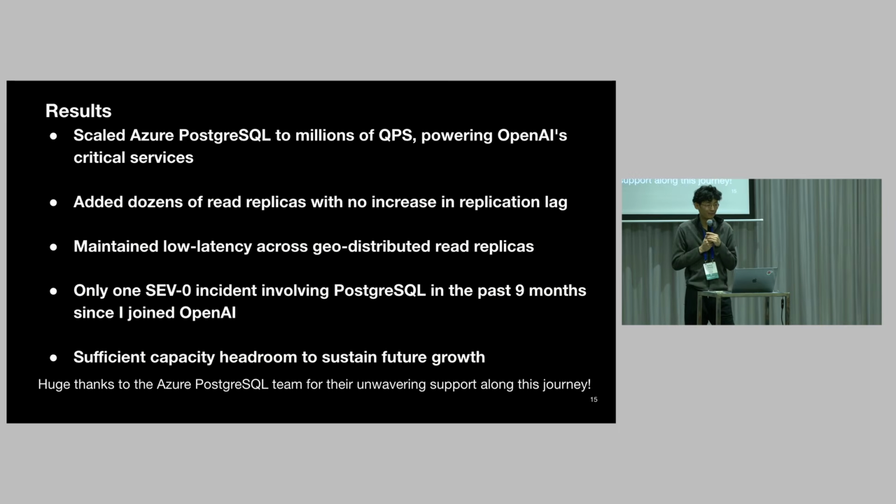Besides that, we haven't had any SEV-0 since I joined OpenAI. It also gave us sufficient capacity headroom to sustain future growth. So the current architecture can still support us for a very long time based on our current traffic and growth. I want to thank the other Postgres team members for their support on this journey.